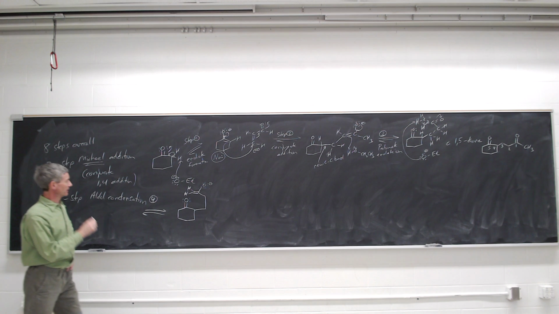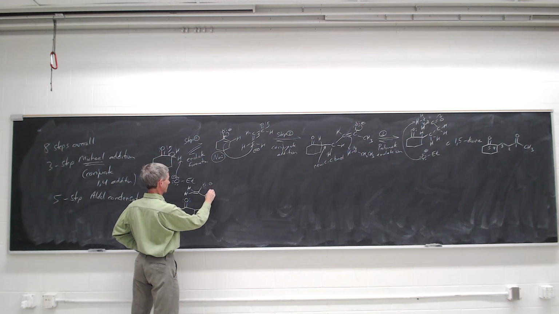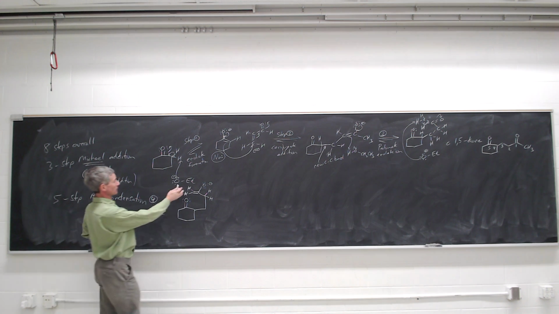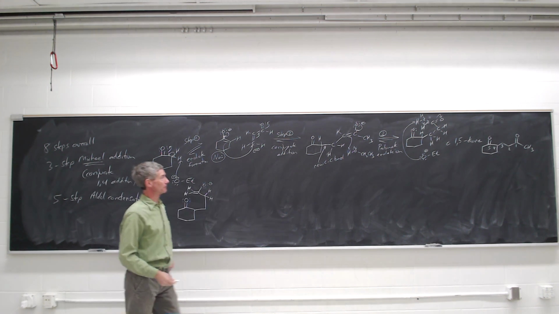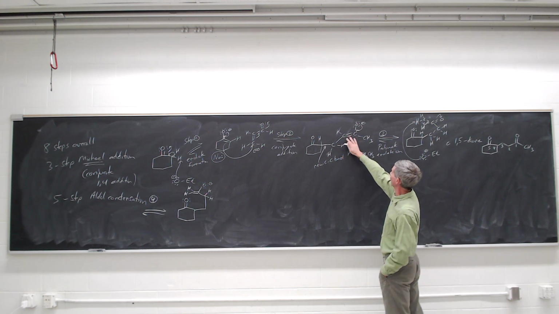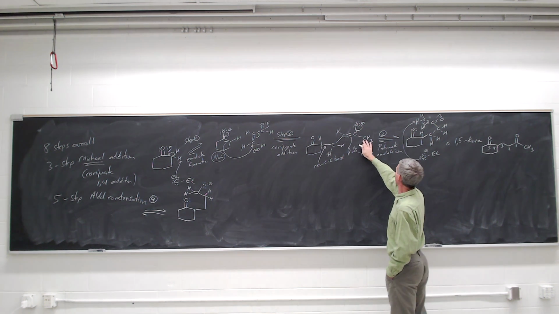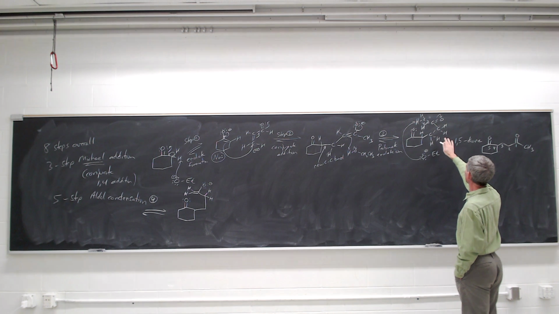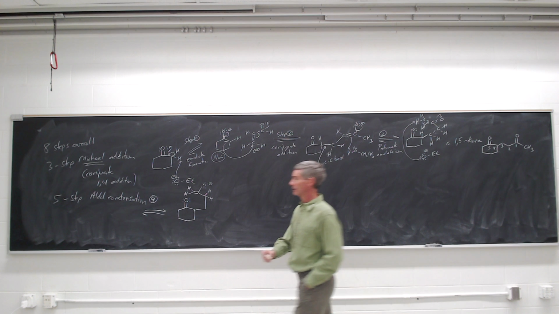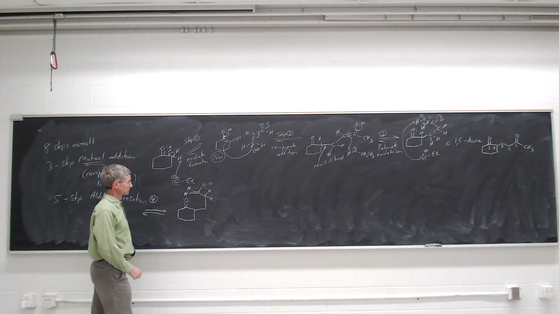And you'll notice that the net effect of steps 3 and 4 is to move a hydrogen from the methyl group over to the other position. I'm simply switching enolates. I have an enolate on the more substituted side. Now I'm forming an enolate on the less substituted side by going through the diketone intermediate.